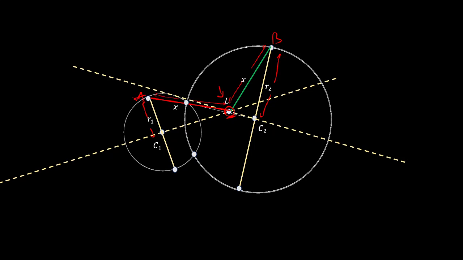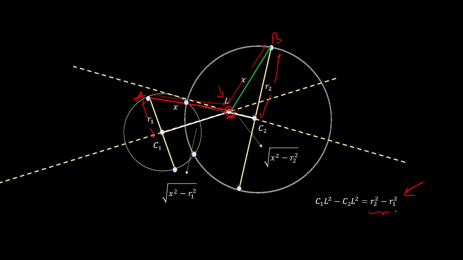Now you see that the C1L distance, this one, is root under x square minus r1 square according to Pythagoras, and the other distance, the C2L distance, is this one. If you square and subtract these two distances, you get a constant value, r2 square minus r1 square. This is the condition which we are looking for. And if you apply the distance formula here, then you will get the locus.